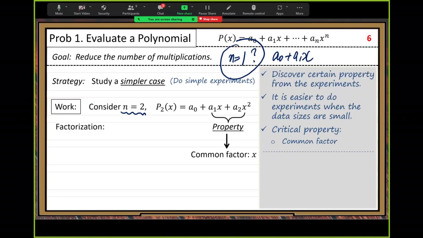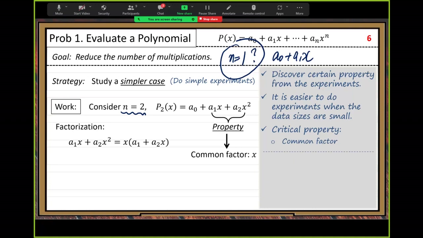All right, so now let's do the factorization. The factorization work is simple. We just factor that x out, as Andy told us. After this factorization, I ask you to count the number of multiplications before and after factorization.